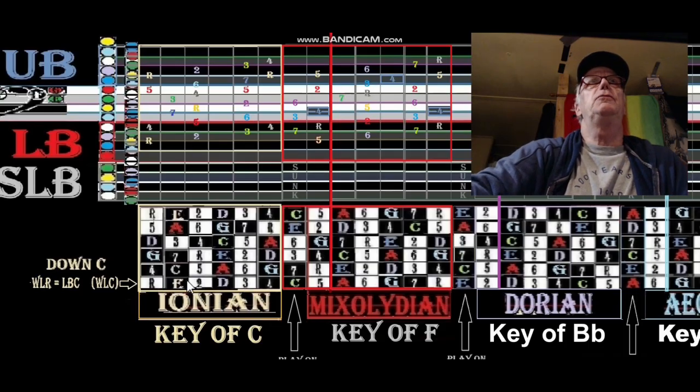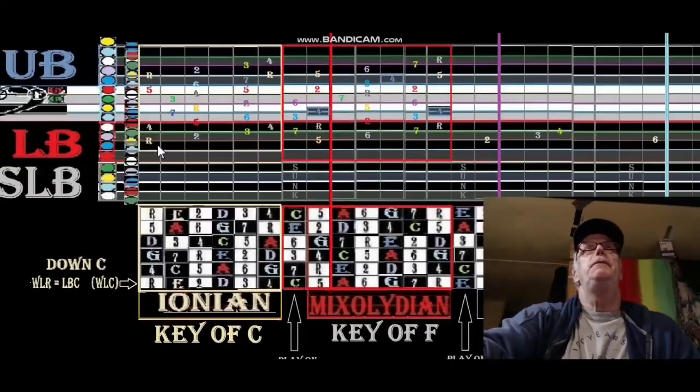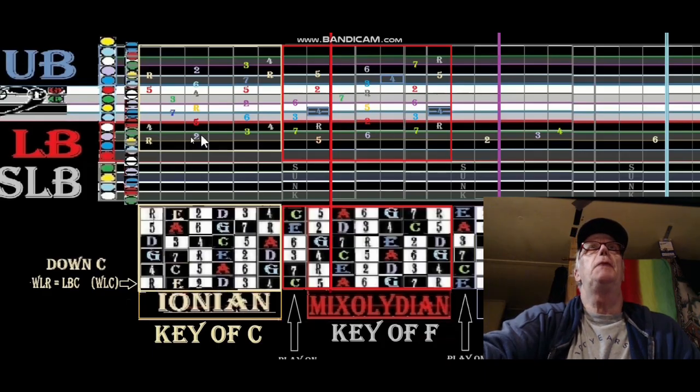So we've got root, 2, 3, 5, 6, root, 2, 3, 5, 6, root, 2, 3. The important thing with the staff is that we're not going horizontally here. We're going up the staff as we count.